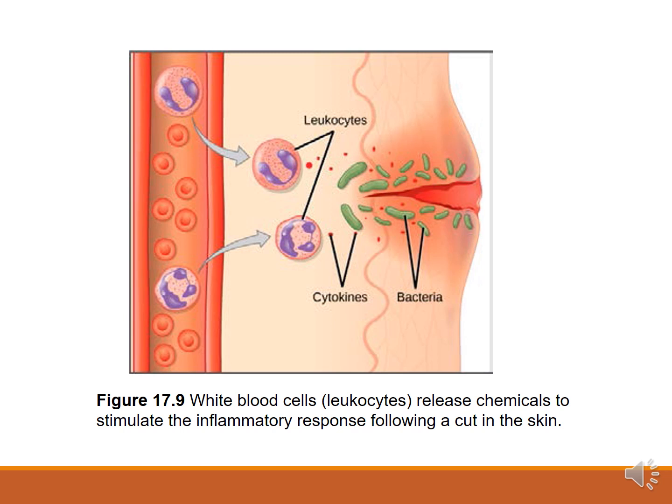This is showing an injury on the skin that has allowed bacteria to enter into the body, and so you have these cytokines, these chemical messengers that are attracting white blood cells. And the white blood cells that you see there are the neutrophils, kind of like the first responders.